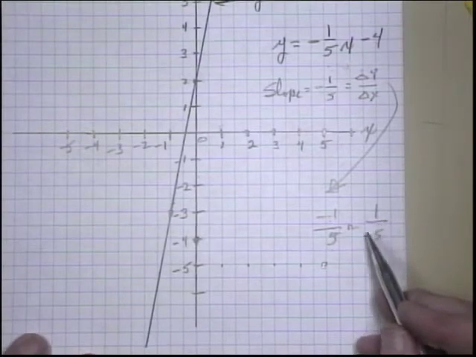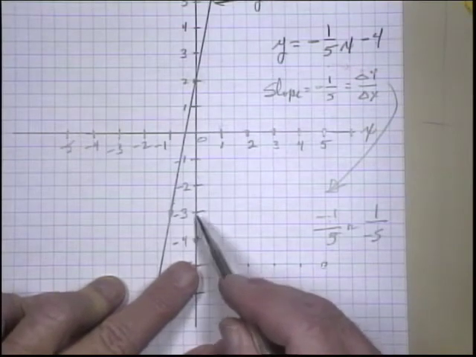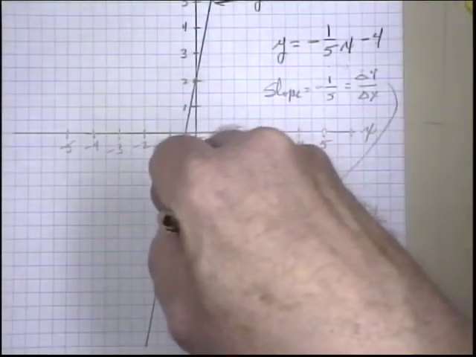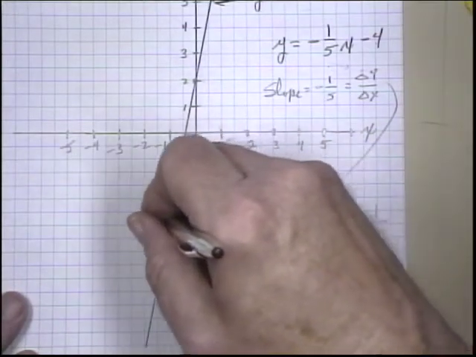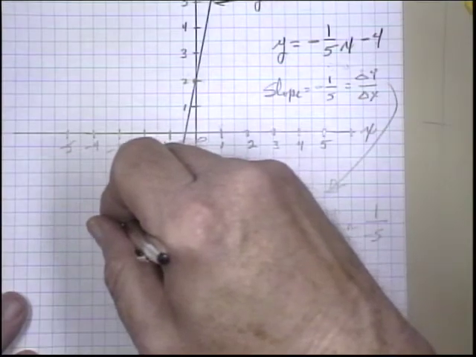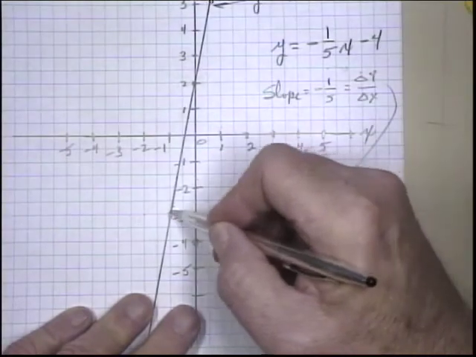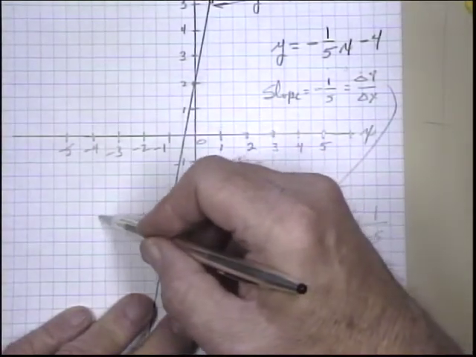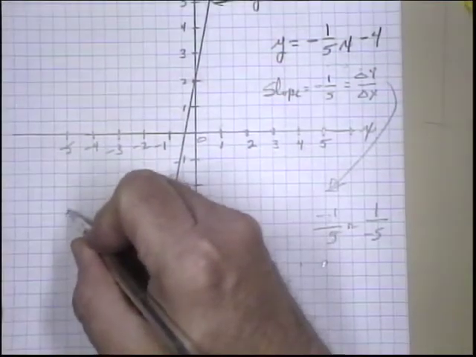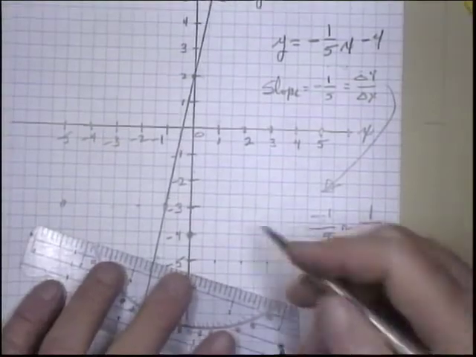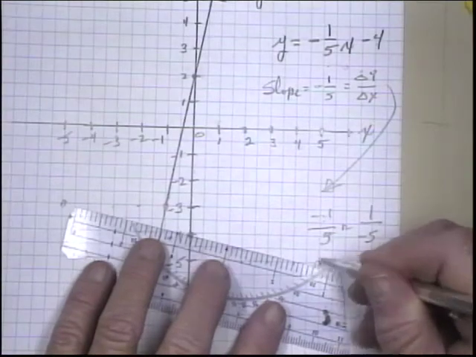Or we could go a positive 1 from where we intercept, and a negative 5 on the x: 1, 2, 3, 4, 5, right here. So this would be our third point, I guess. We have the intercept, the point here and the point here, and we can connect these.